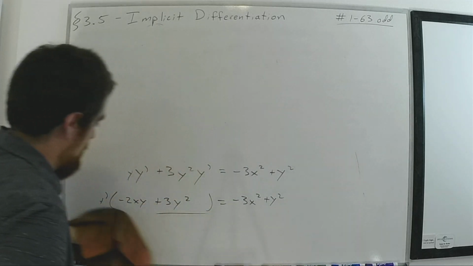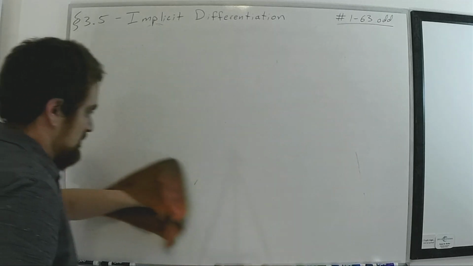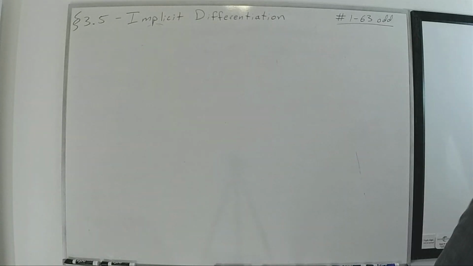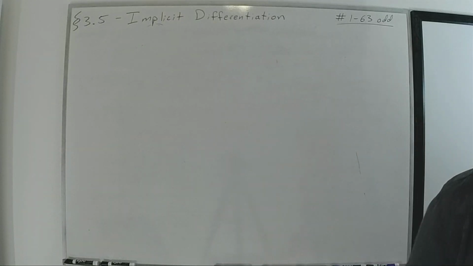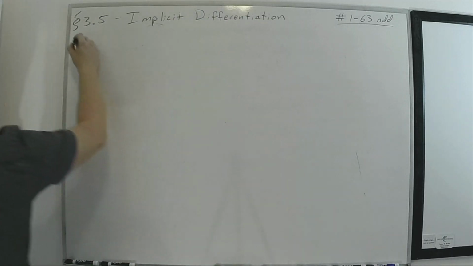And again, that dy dx notation, that means the exact same thing as y prime. You can use that notation throughout the problem if you'd like to. I'll give you an example of that.